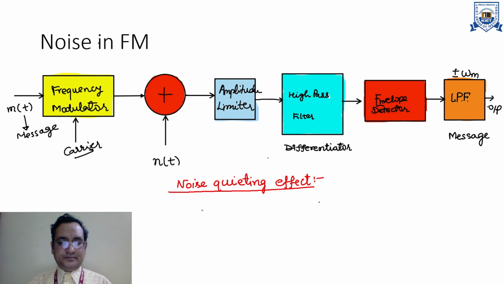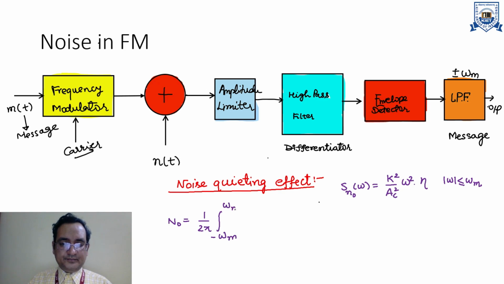Now we know that the power spectral density at the output is given by S n naught omega, that is equal to k square upon AC square omega square into eta for mod of omega less than or equal to omega m. So we can obtain the noise power as equal to 1 upon 2 pi integral from minus omega m to omega m of k square upon AC square into omega square into eta into d omega.